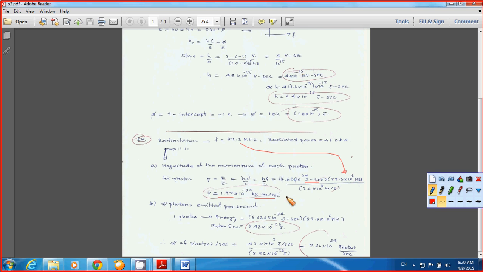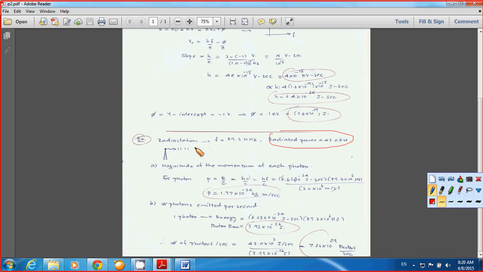And then they also ask about the number of photons emitted per second. Let's start with this one. You have radiated power of 43.0 kilowatts. This is the total energy radiated from the radio station.